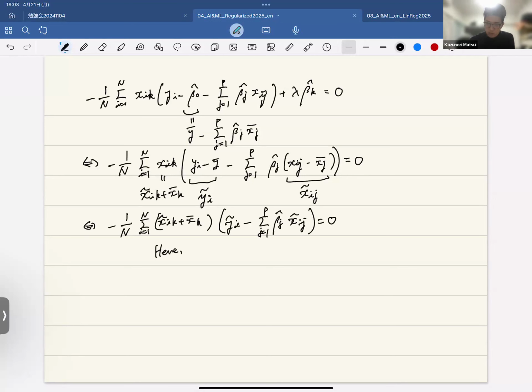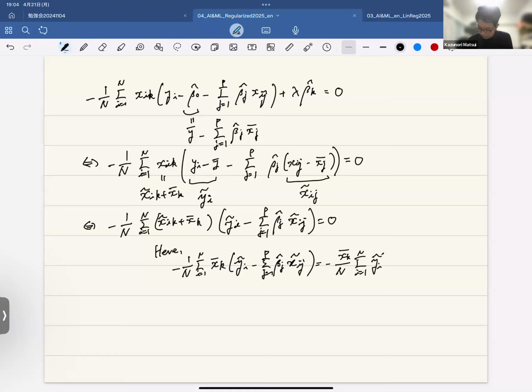So here, this part is equal to n y tilde plus n x bar k times the sum over j of beta j hat.